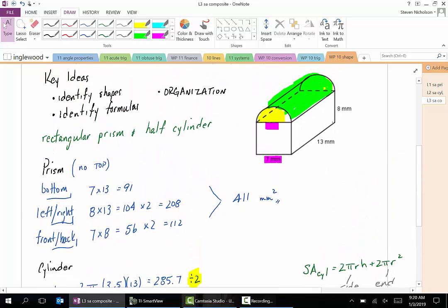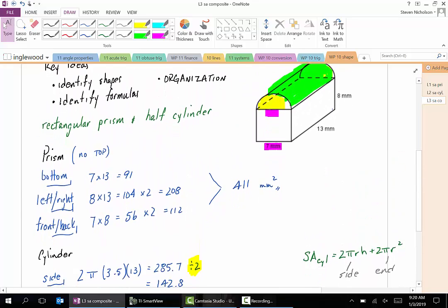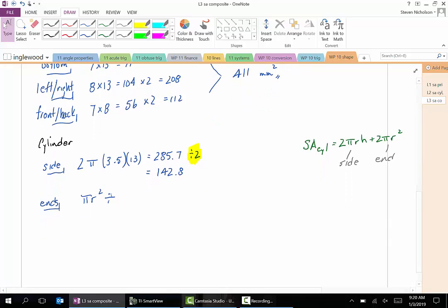But to make our life easy, what I hope you can see on the other side is we have another half circle. So if we divided by 2 and then we multiplied by 2, that's the same as simply going, hey, we have a half circle here and a half circle on the other end, and that makes an entire circle. So we can make our life easier just by understanding the picture. That would be very valuable.